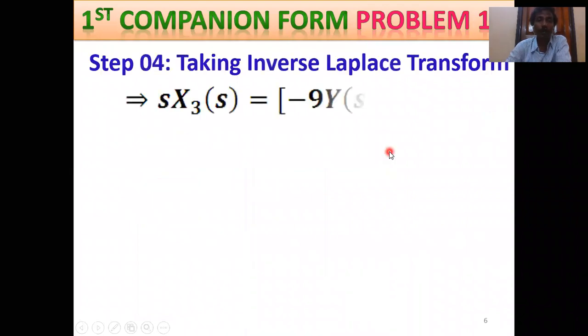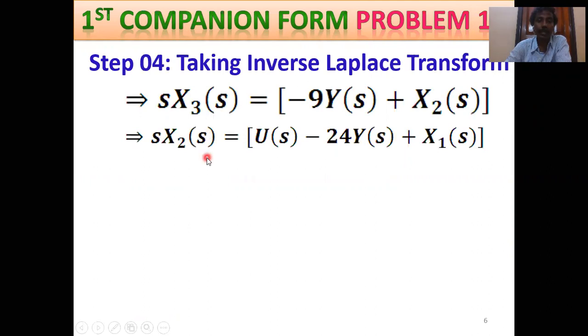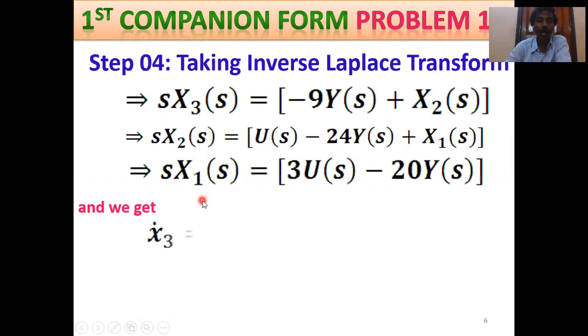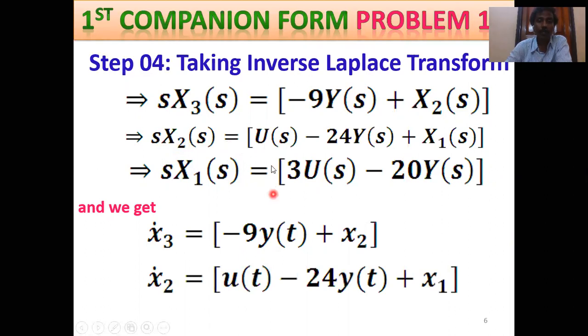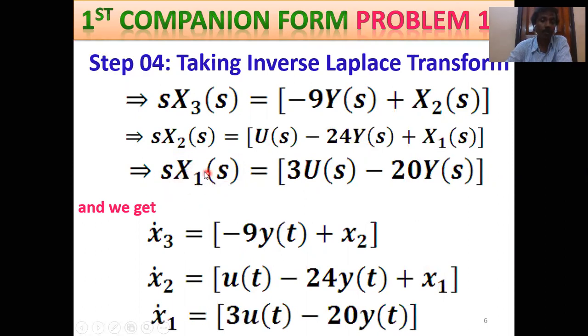So next step, taking inverse Laplace transform, we get s into x3, s into x2, s into x1, and we get x3 dot equals minus 9y(t) plus x2(t). And this is x2 dot, because first order differentiation equals u(t) minus 24y(t) plus x1(t), and last term x1 dot equals 3u(t) minus 20y(t).